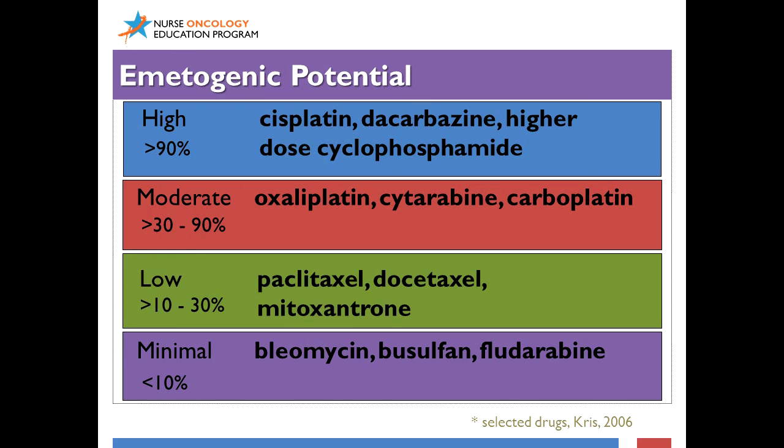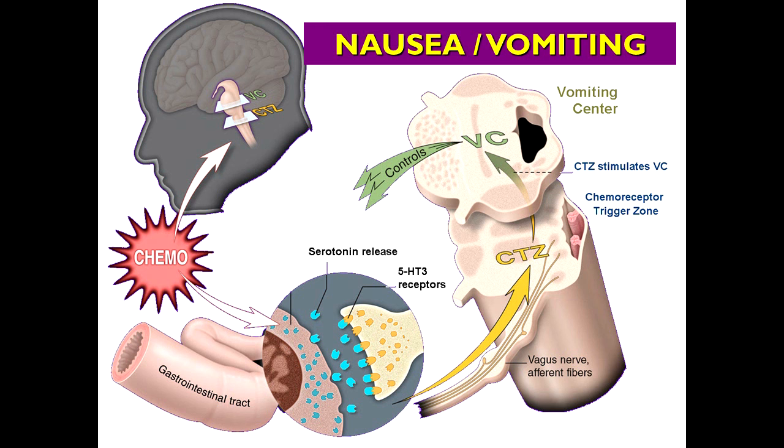We also know that this emetogenic potential goes from minimal, low, moderate, and high. And once again, we're not giving just a single agent anymore. We usually are giving a regimen of multiple agents. And so if we're giving more than 2 or 3 moderates, that would become a highly emetogenic regimen, and we would want to treat it with the appropriate treatment options.